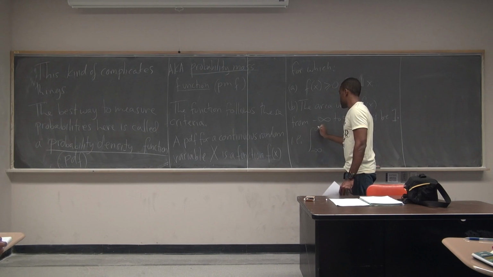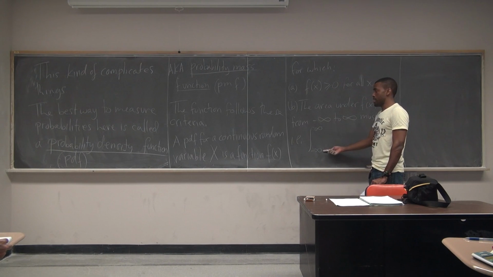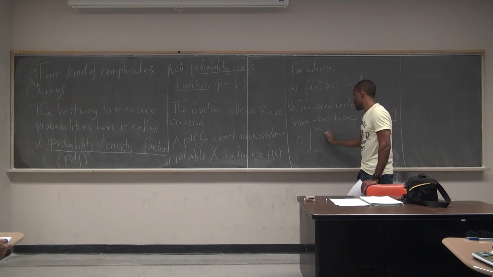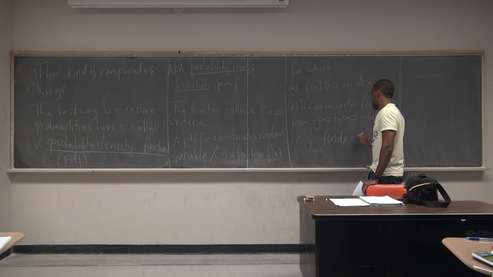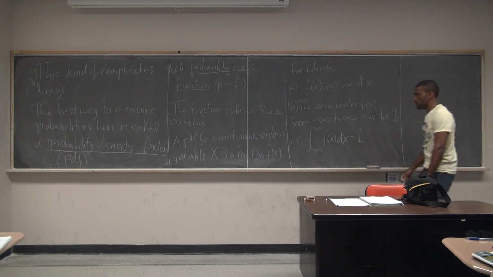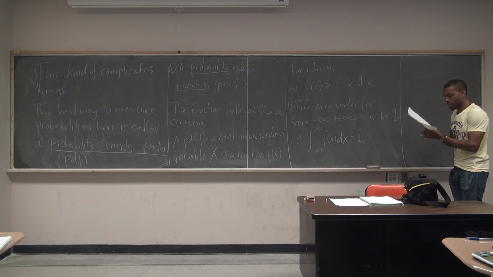You did definite integrals in 205. Your lower limit could be anything, your upper limit could be as big as it wants. But when you take the limit on the entire real line, the area under the curve must be 1. When you do the integral on the real line.